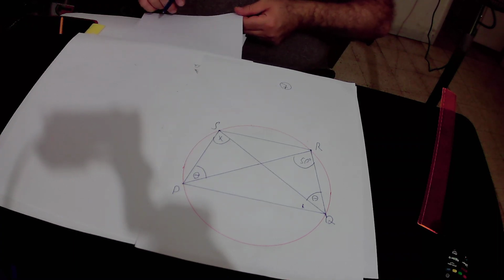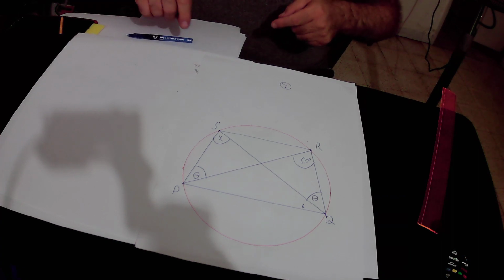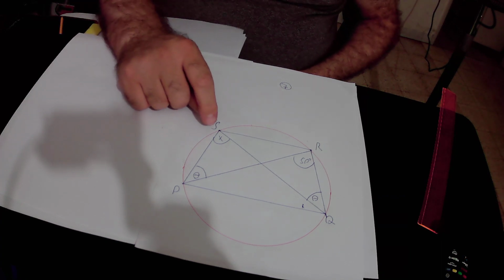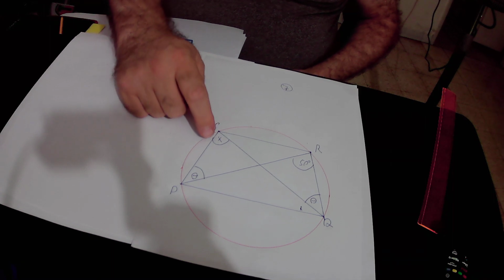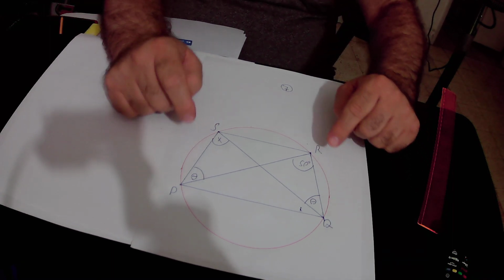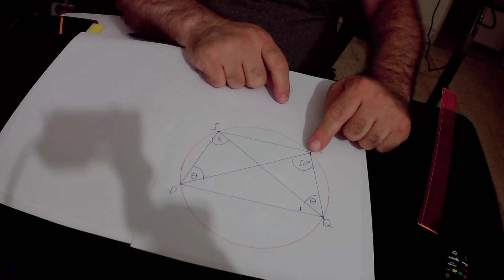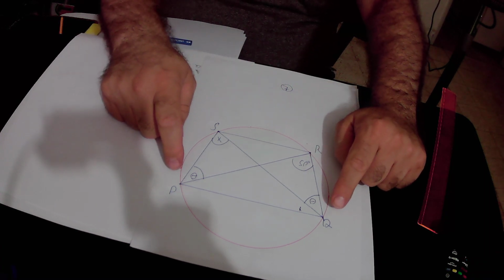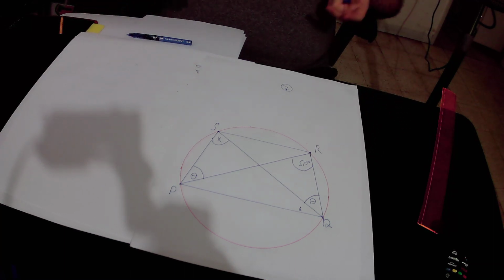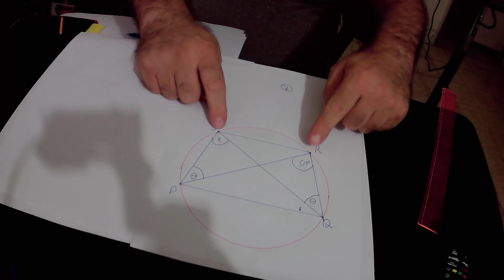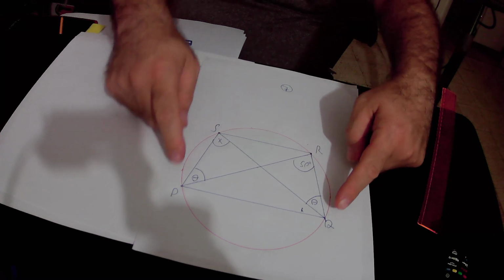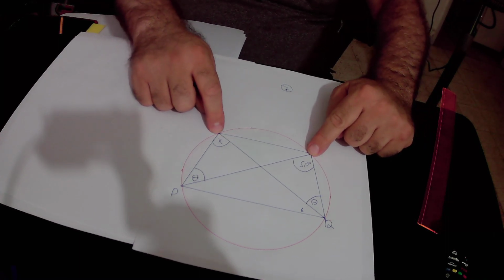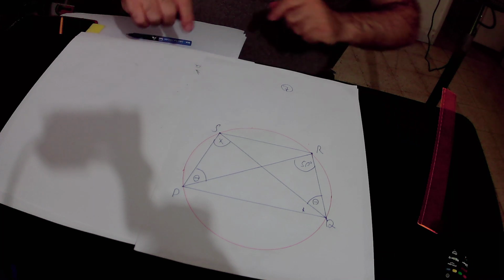Here we have peripheral angle x that subtends chord PQ, and we also have peripheral angle PRQ that equals 50 degrees and subtends the same chord PQ. Therefore, those two peripheral angles are equal to each other. That is to say, x equals 50 degrees.